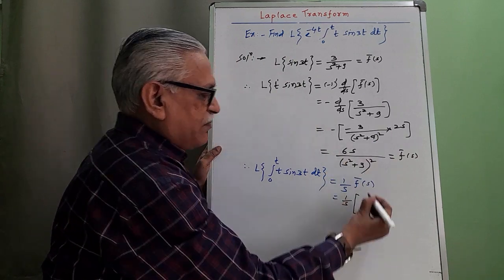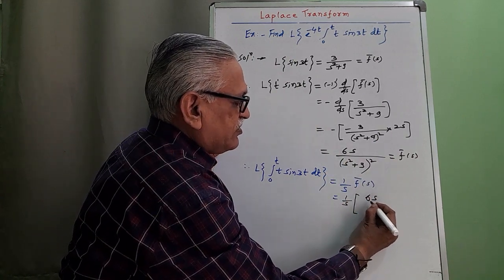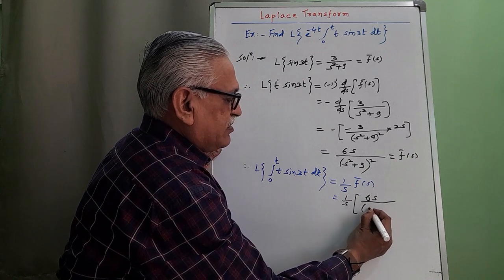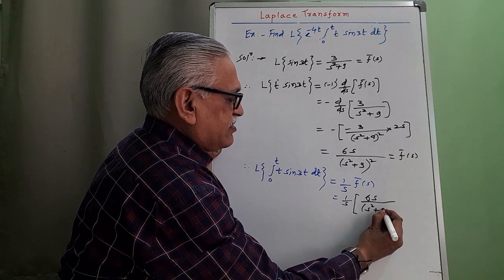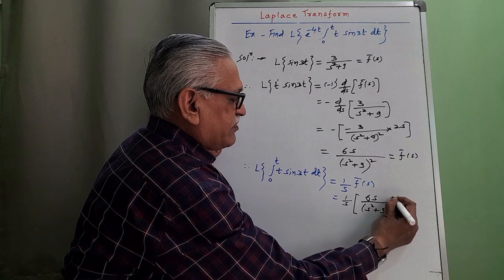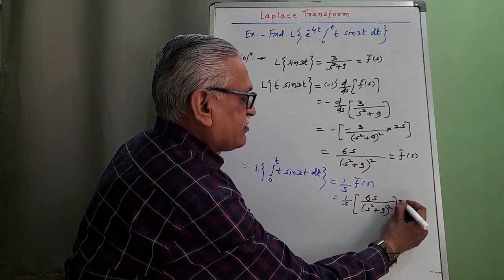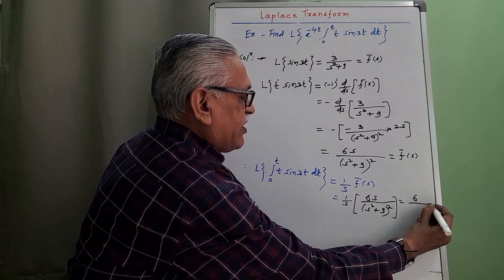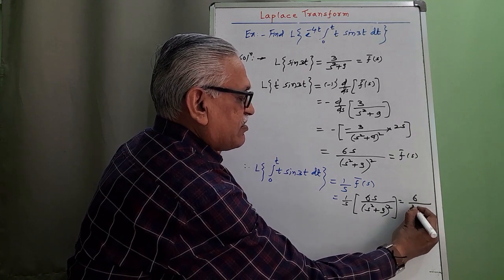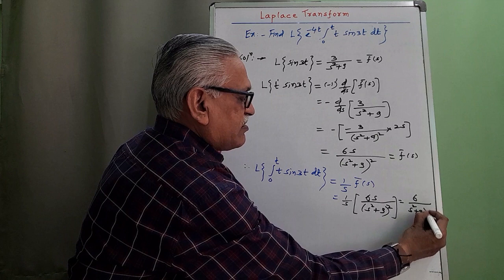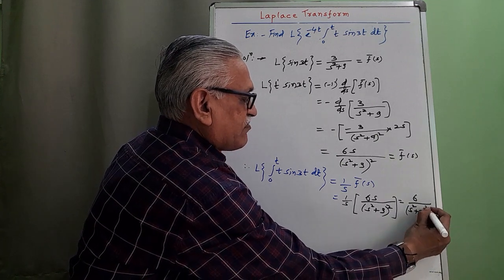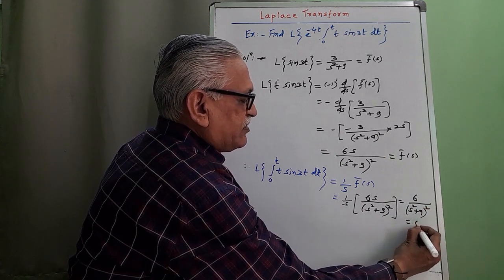F bar of s is here 6s whole divided by s square plus 9 bracket square. The s get cancelled. We get that value as 6 divided by s square plus 9 whole square, and we call this a new f bar of s.